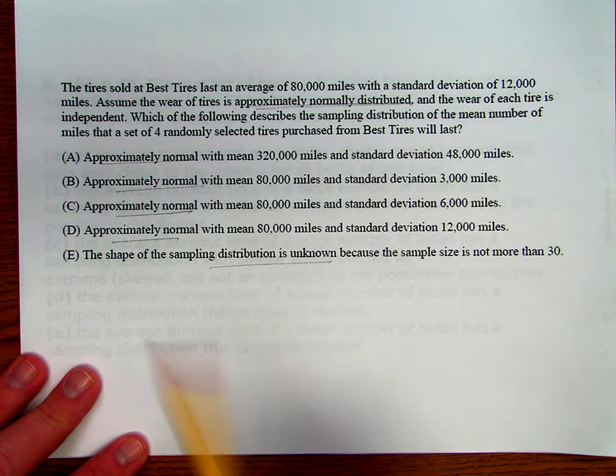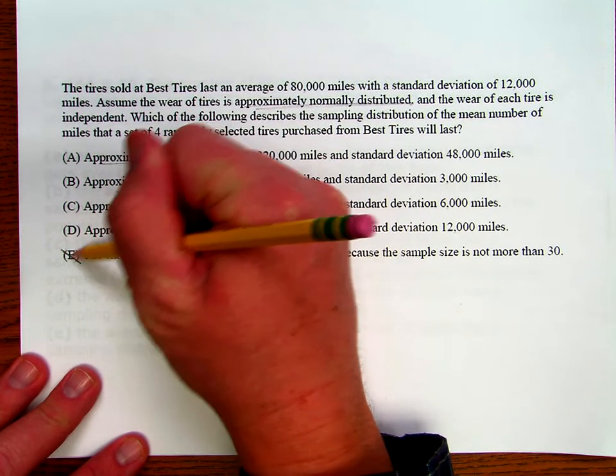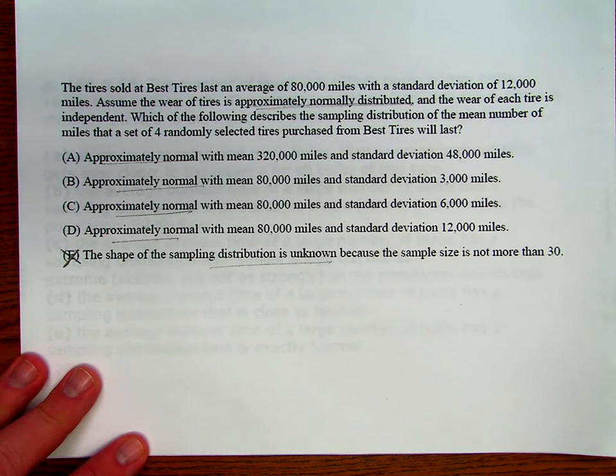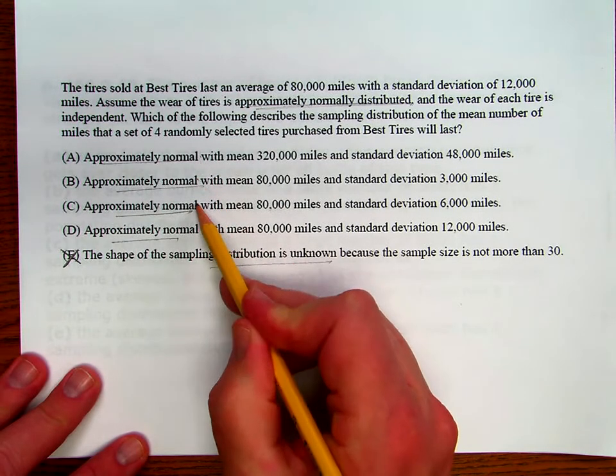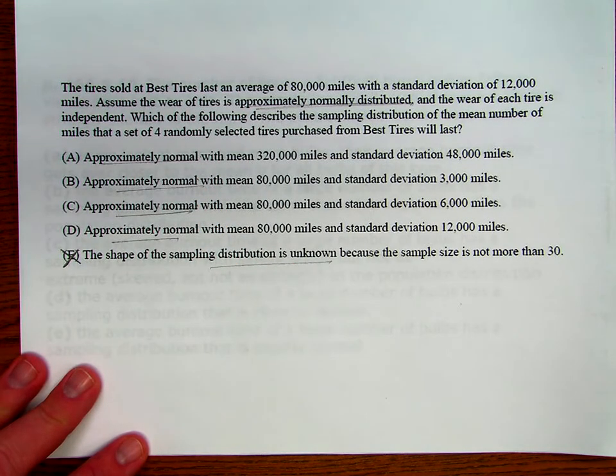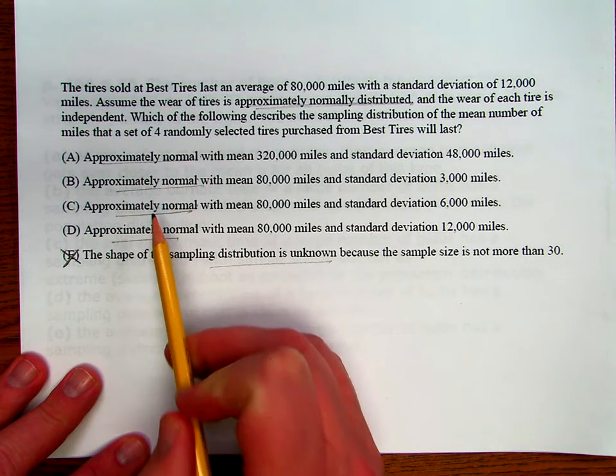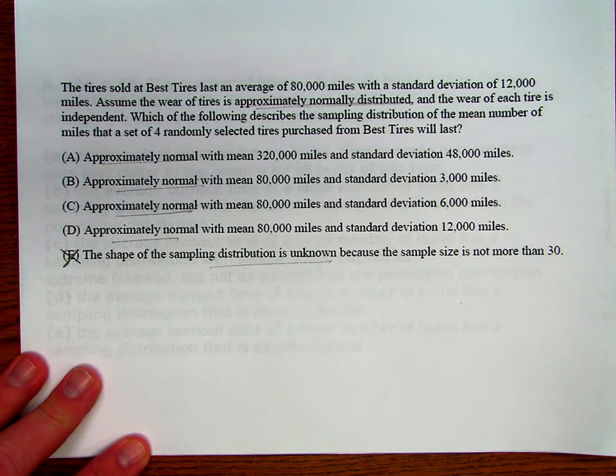So we can know for sure the shape. So that eliminates, it can't be E. It's going to be one of these 4. One thing that is a very common variation with these types of questions is one of them saying exactly normal or having normal without the approximately, in which case you can eliminate that, but in this case we cannot.